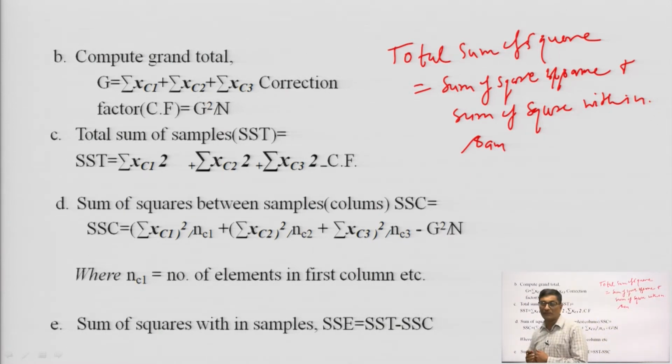So, the sum of squares within sample is calculated by subtracting the sum of squares between samples from the total sum of squares.